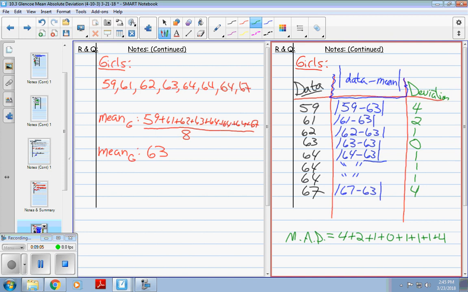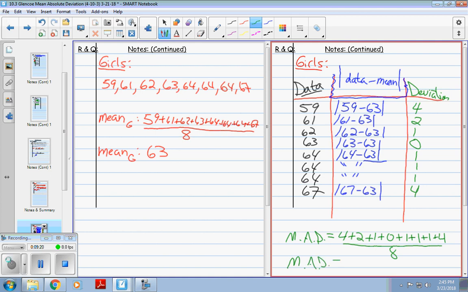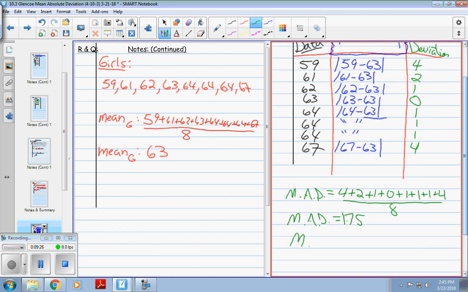Don't be a numberist. It matters. So pause here. Go ahead and add that up. And again, if necessary, we're going to round to the 10th place. Hopefully you've used your Google calculator, and you have likely ended up with 1.75, but the directions are going to ask us to round. So we're actually going to say the MAD is 1.8.